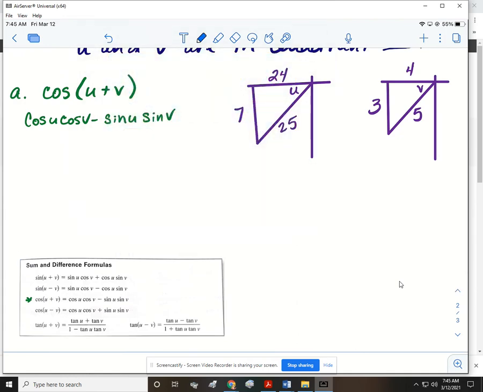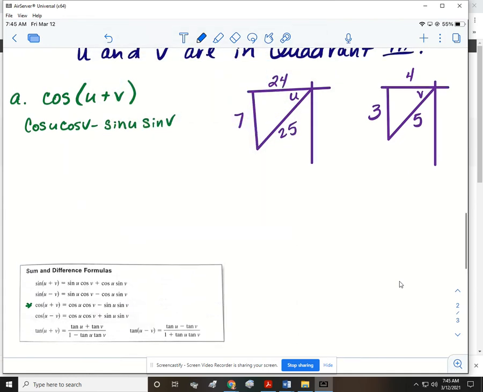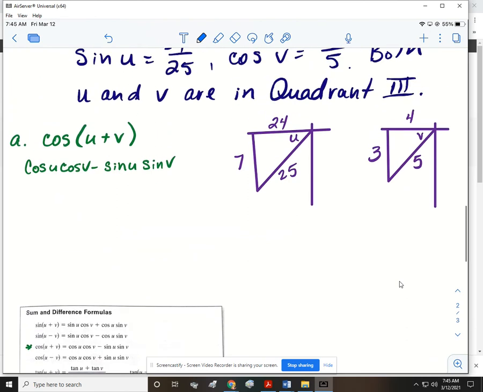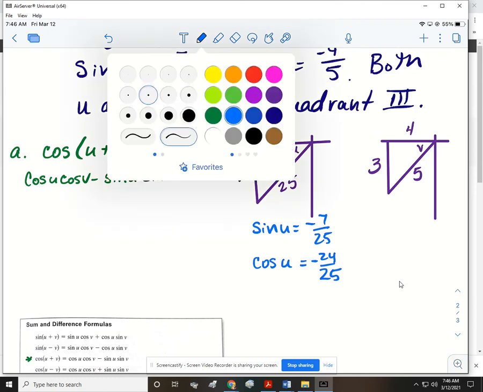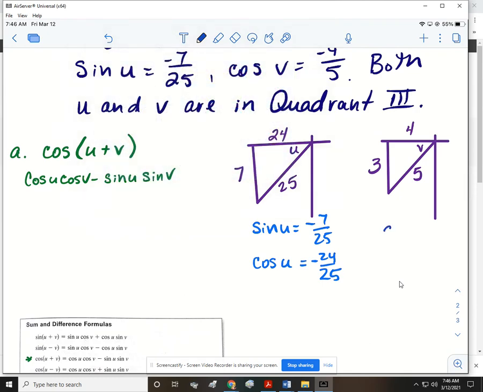Okay, so that means from this triangle, I need the sine and cosine of each of these. So I know that the sine of u is given to me, it's -7/25. But I can find that the cosine of u is -24/25. Right, and then for my v triangle, I can find that the sine of v is -3/5.